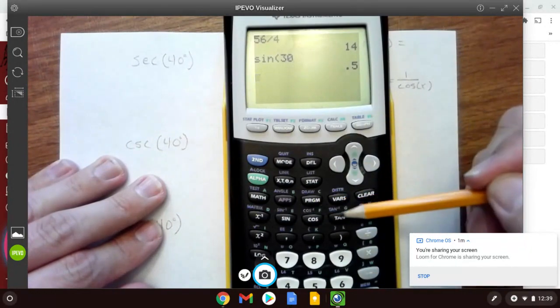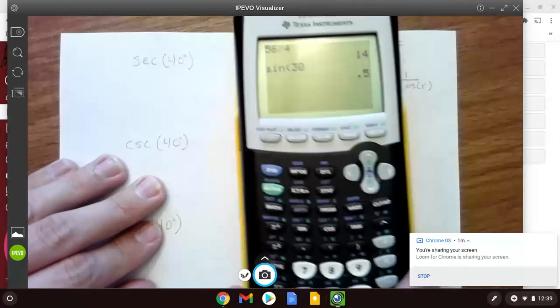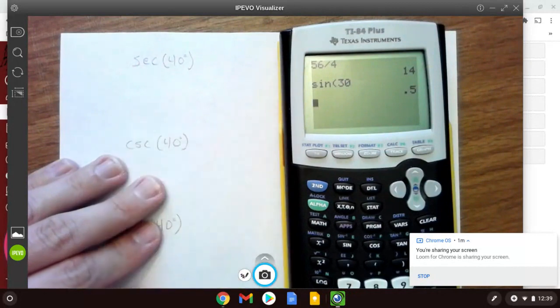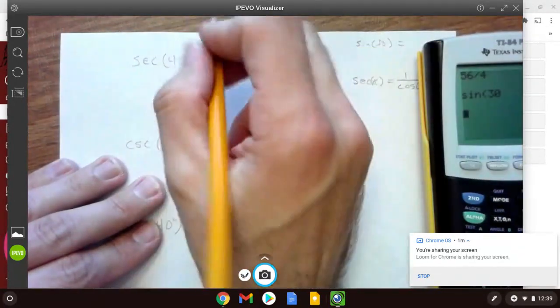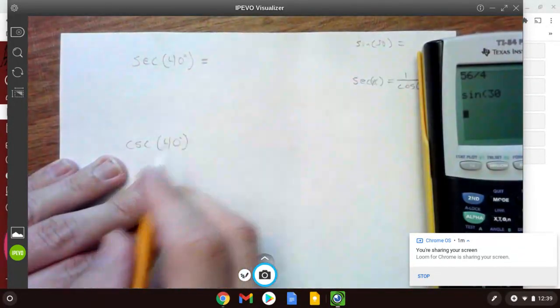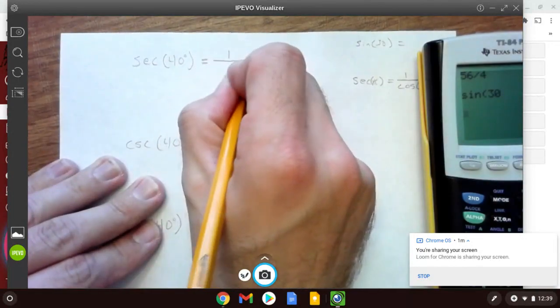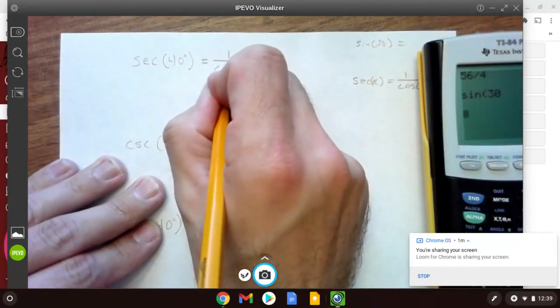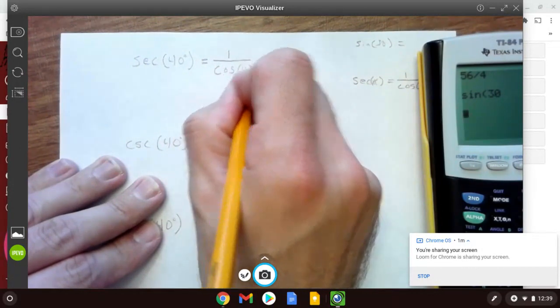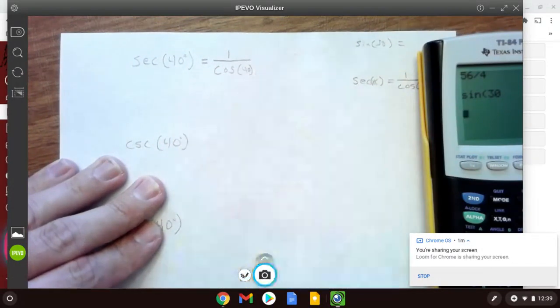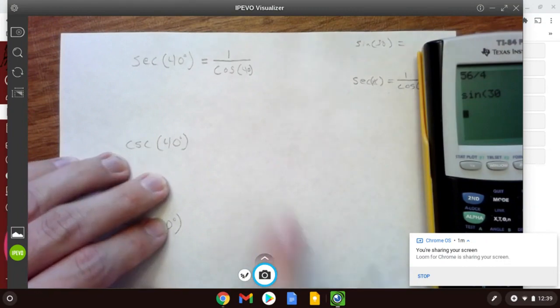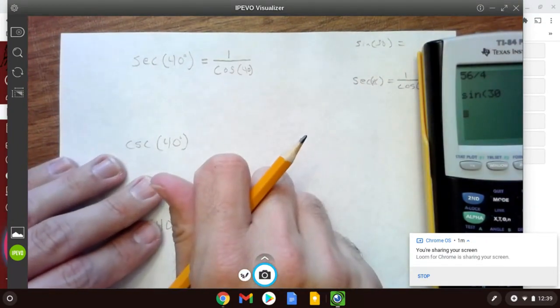These other ones here we'll get to later. But so if you want to evaluate secant of 40 degrees, you don't have to rewrite it, but this is what's going on. You're going to think of it as 1 over the cosine of 40 degrees. All right, and that's what you would type in the calculator there.